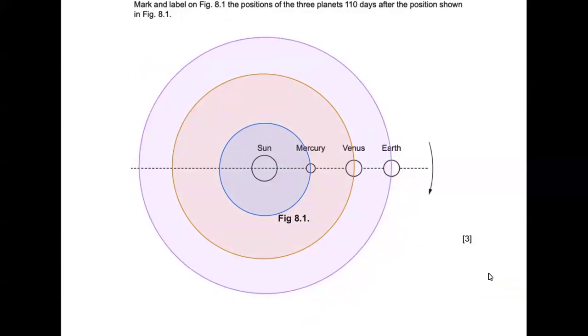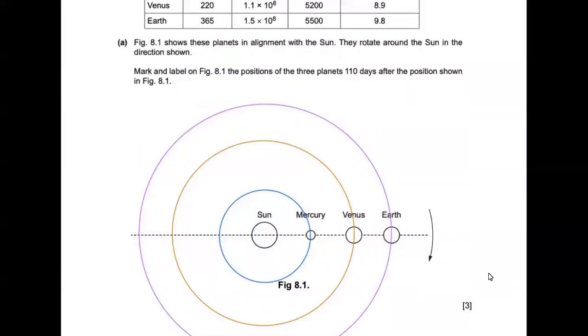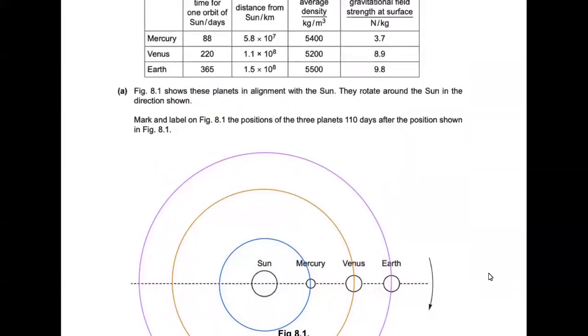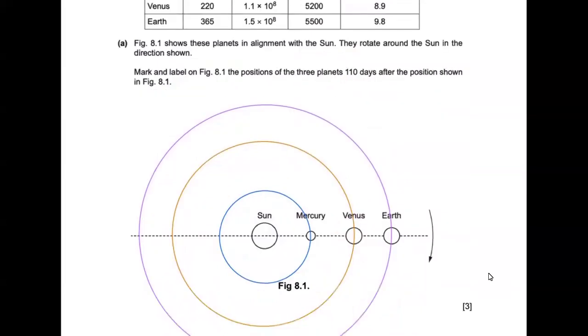Alright, so this seems fair enough. Let me just get rid of the shading here. Okay, so for Mercury, we know that it completes one orbit in 88 days. So that's actually less than 110. So I know that 110 minus 88, because in 88 days it would just be back here, right? So the excess time over the 88 till 110, which is 22, right?